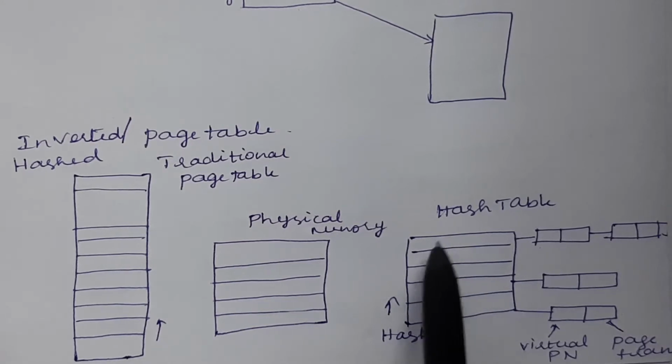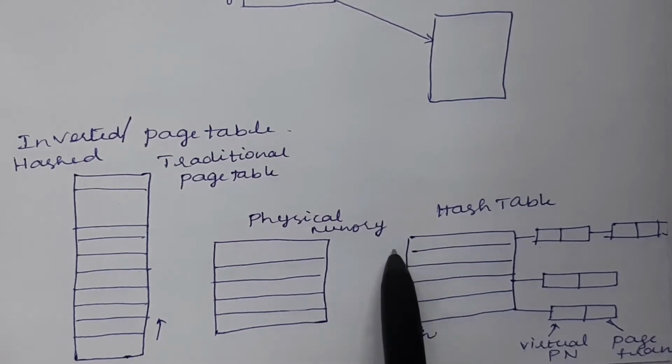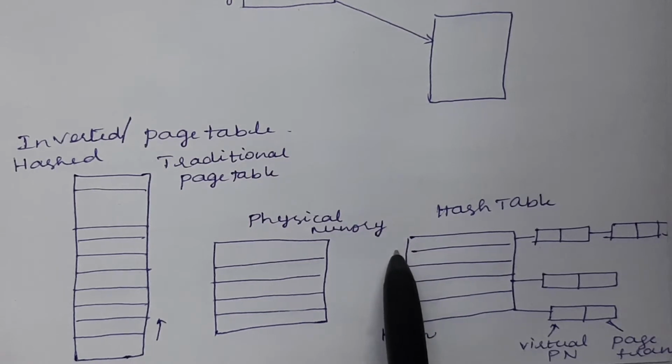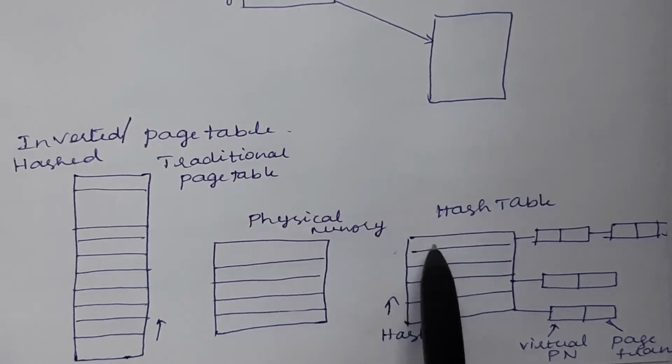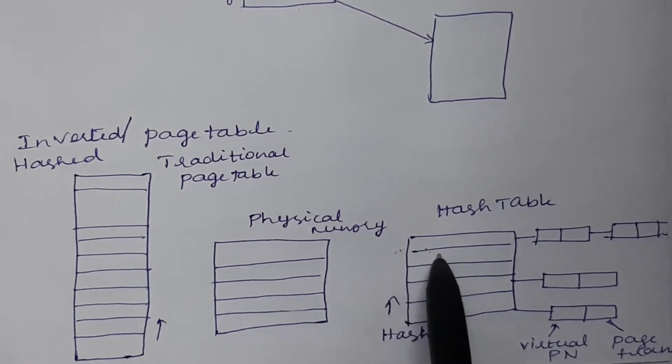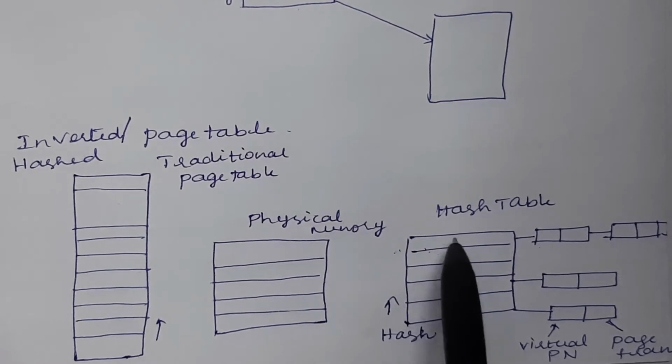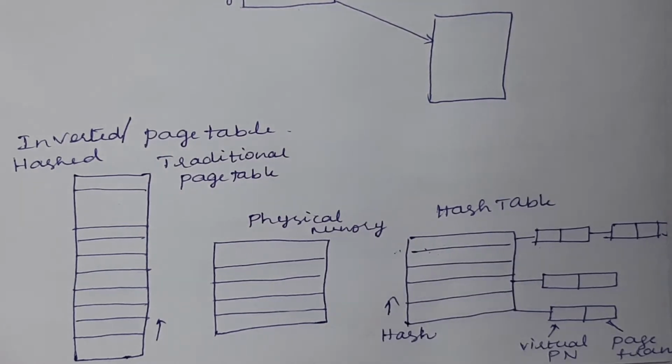The key value of each entry should be compared with the corresponding location of the page table. If it matches, then this is the correct page frame number we are referring to. This is how hash table implementation works in the paging concept.